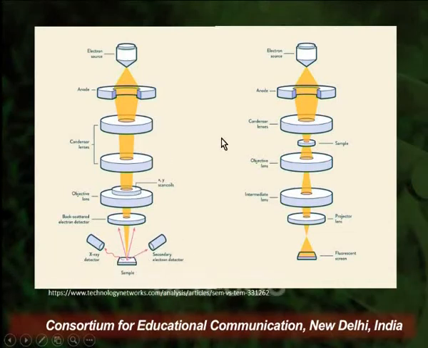So that's the basic difference between the transmission electron microscope, where the electron beams actually pass through the object, whereas in the case of the scanning electron microscope, the electron beams are basically deflected from the surface of the specimen.